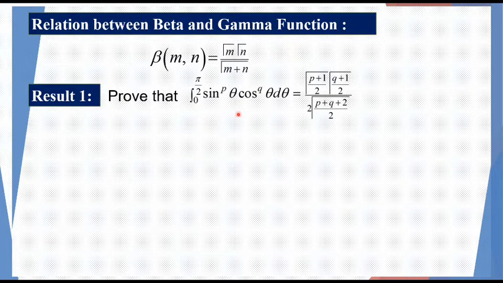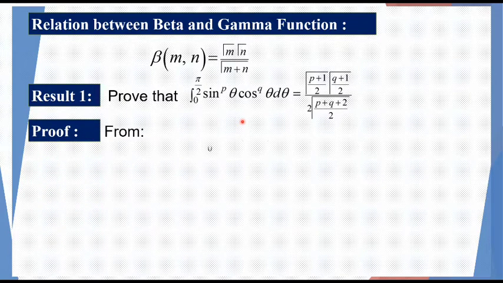This is the most important formula to solve definite integrals. By this formula, if there is only sine and cos, or only sine, or only cos, then we can apply this formula, but the only condition is that the limits of the integral should be 0 to pi by 2.